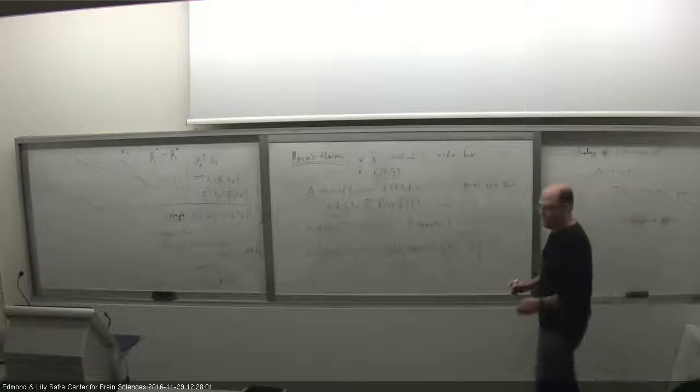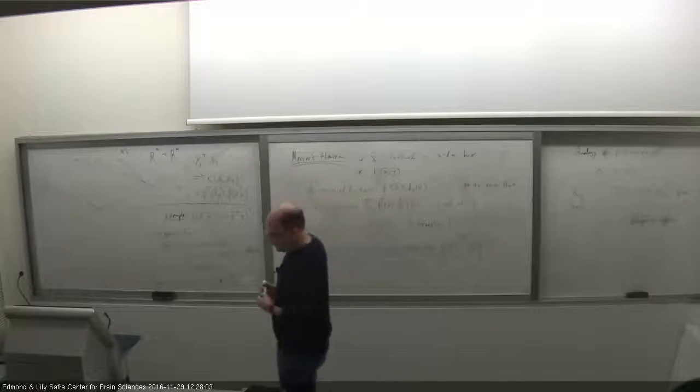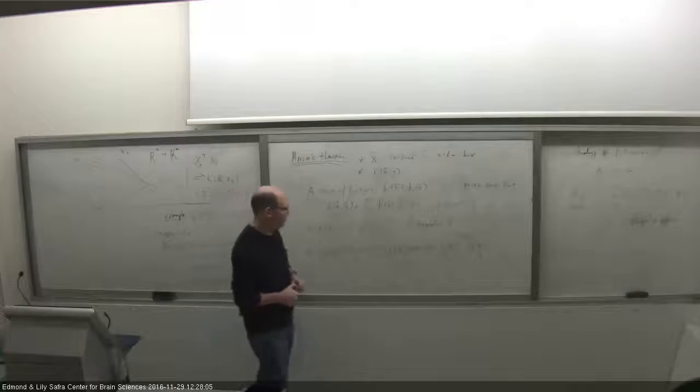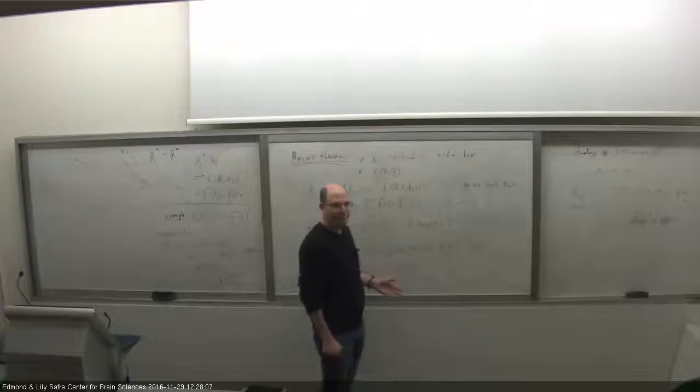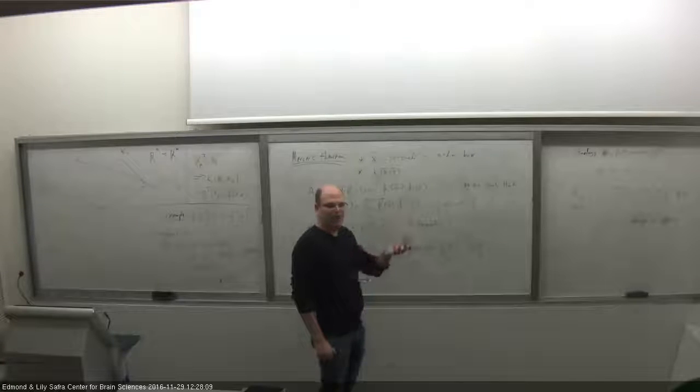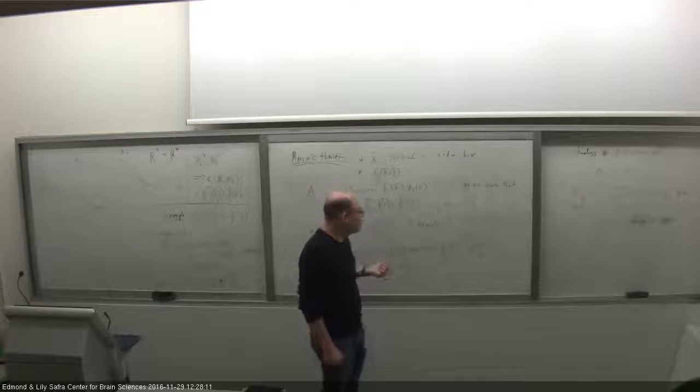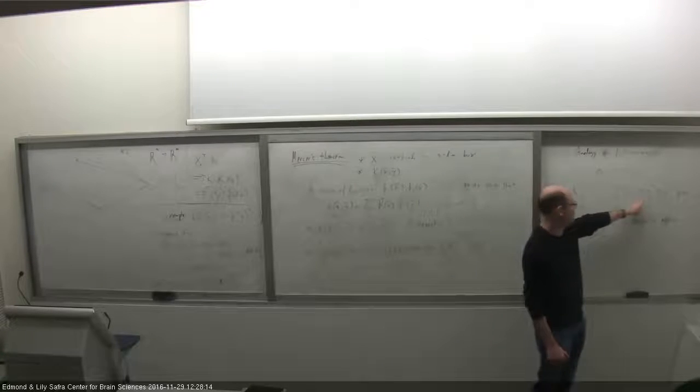Okay, so now you can think of a function of x as a vector in an infinite dimensional space. Instead of the discrete index i that you have here, we have n numbers labeled by the index i.